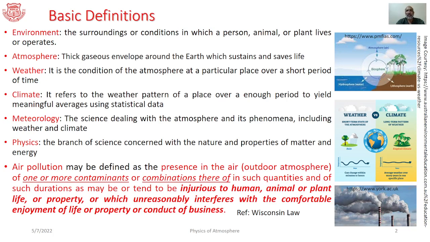With the reference of Wisconsin law, we discussed about the definition of the air pollution, and as we are dealing with the outdoor atmosphere, we defined it as presence in the air of one or more contaminants or combinations thereof in such a quantities and of such a durations as may be or tend to be injurious to human, animal, plant life or the property, or which unreasonably interferes with the comfortable enjoyment of the life or property or conduct of business.